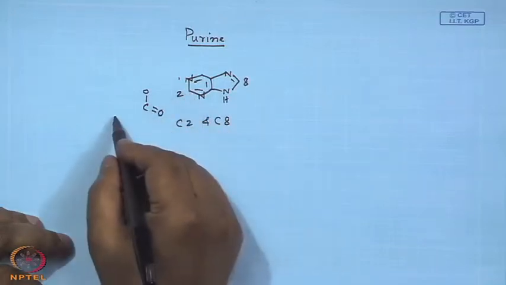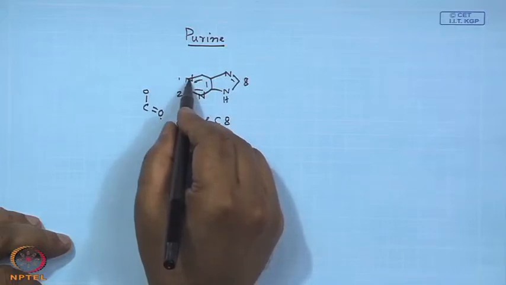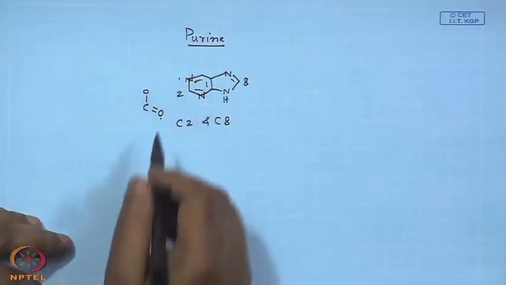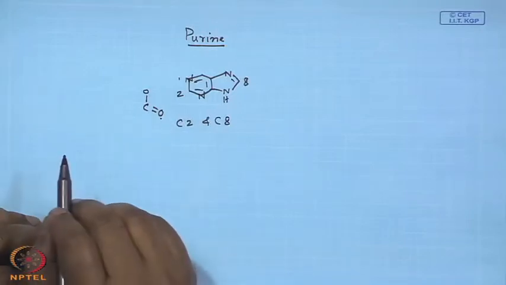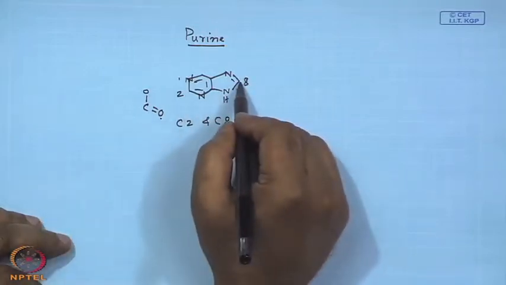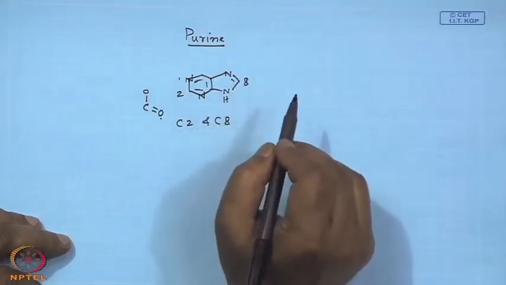So, that means the C2 matches the oxidation level of formic acid, and similarly C8 also matches the oxidation level of formic acid.